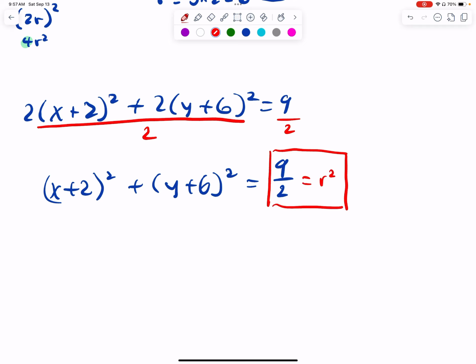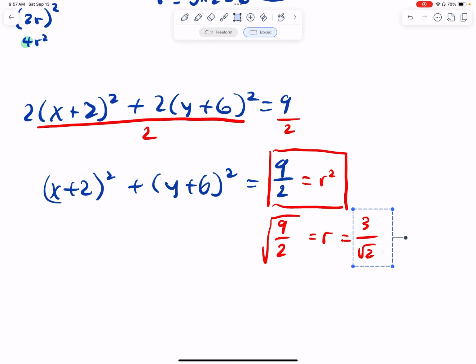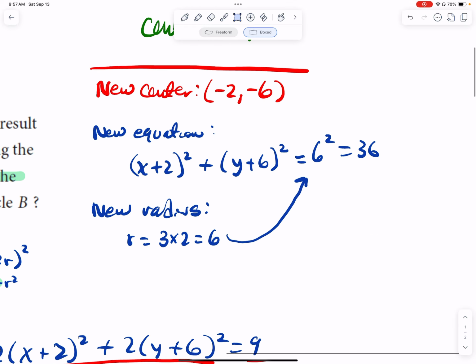So if I wanted to know what the radius is, I would take the square root of 9 over 2. And I can simplify that just a little bit, not that it's necessary. Up top, that would be a 3, and on the bottom is the square root of 2. Anyway, all this to show you that this number is not 6, right? It is not twice the value of the original radius.